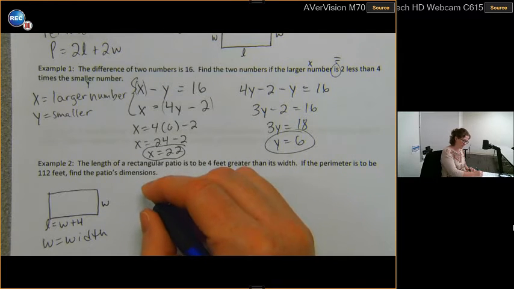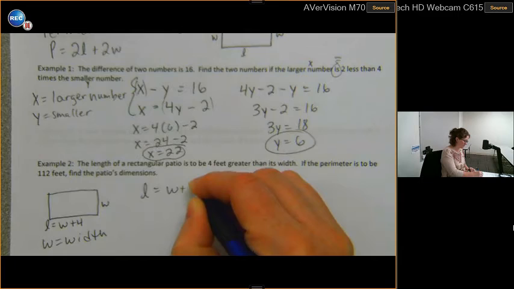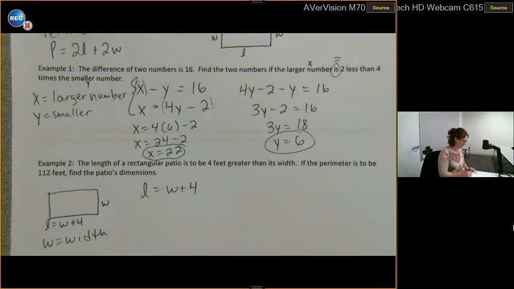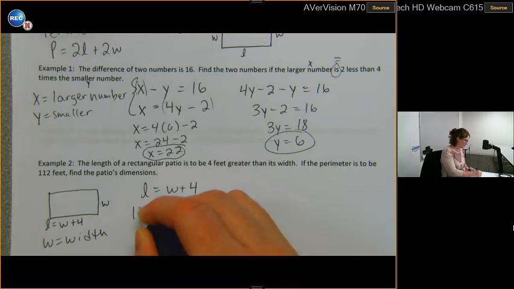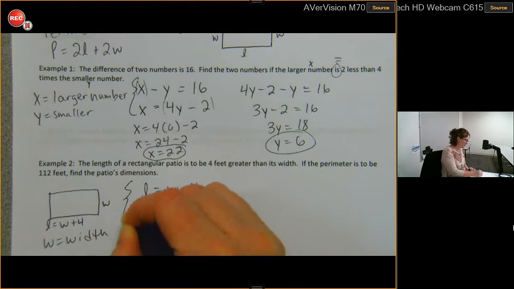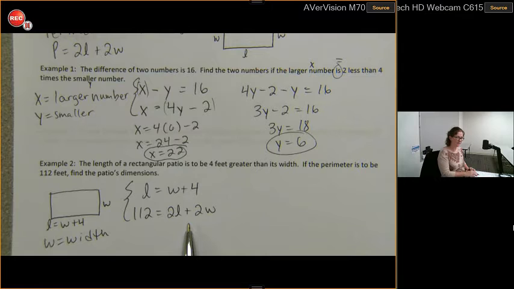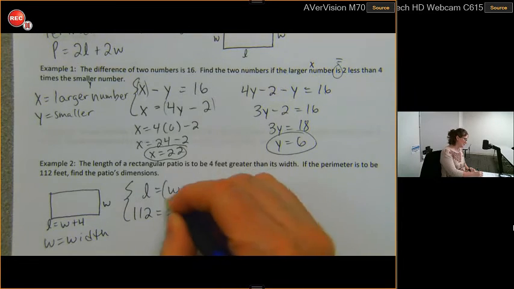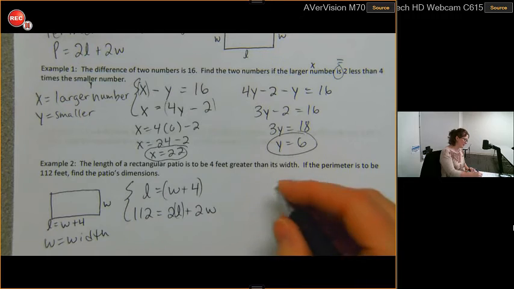Setting up my system of equations. If the perimeter is 112, I know that 112 equals 2 length plus 2 width. That's the perimeter formula. So I have to choose substitution or elimination. Substitution is set up for me already.